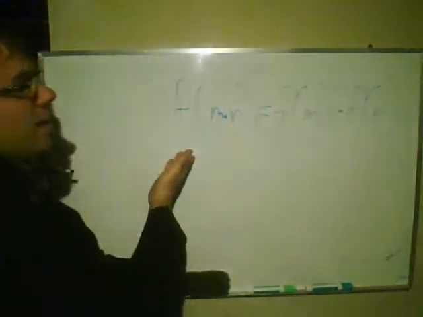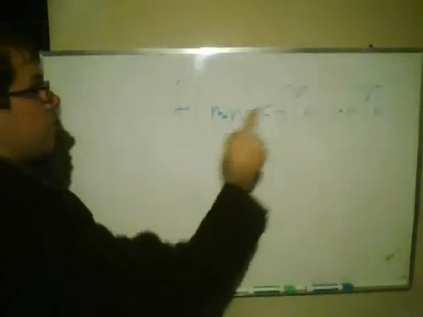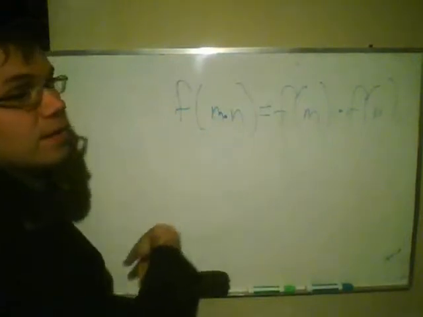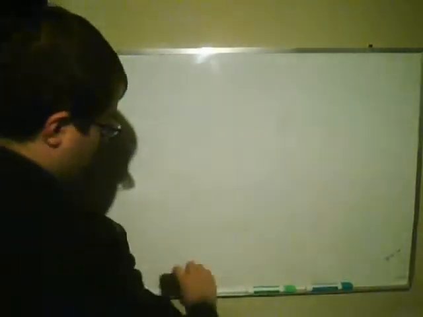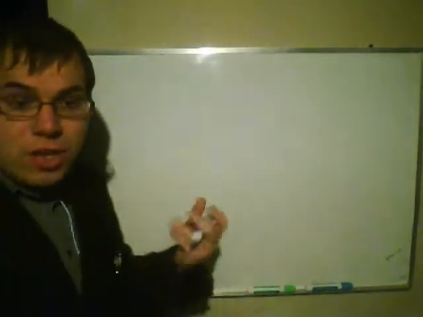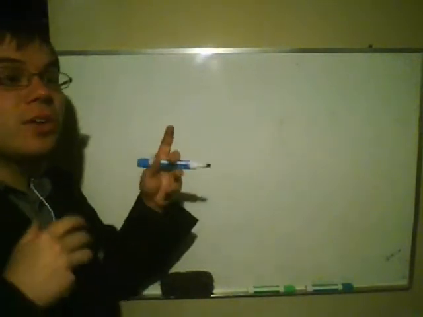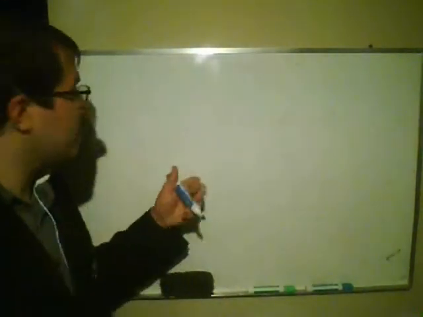So if we multiply f of m and f of n, we should be able to get back f of m times n. On this note, based on a nice proof, you'll be able to apply this property to something we're going to define as the d function. The d function is multiplicative, sorry.